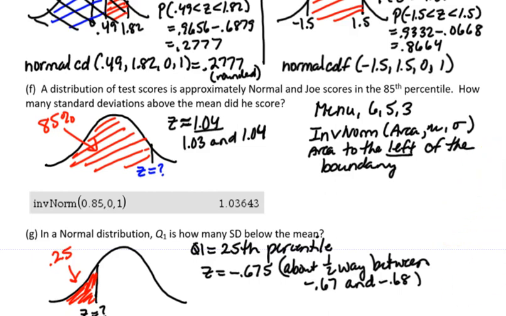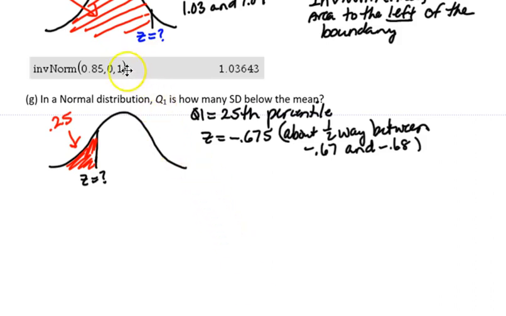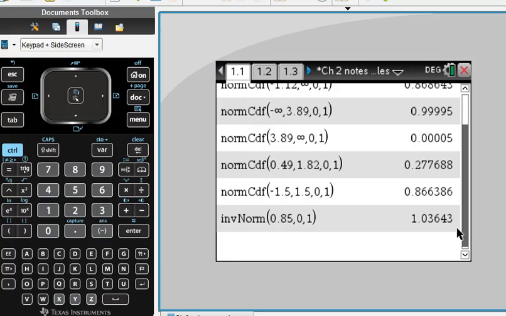Now if we look at this one, same thing, only instead of 0.85 we're going to have inverse norm 0.25, and we should see something close to negative 0.675. Remember we sort of estimated that it was about halfway between, so it should be pretty close to that.